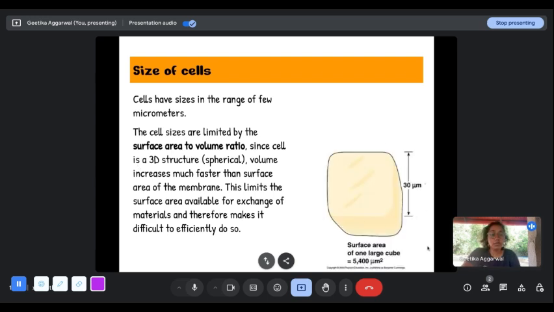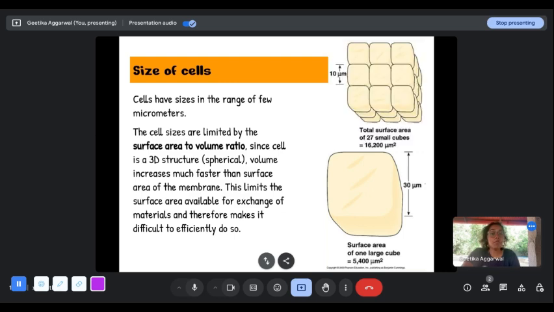For example, in this image, the surface area of one large cube is given as 5400 micrometer square. But if in the same cube you fit multiple cells of 10 micrometers in size, the total surface area becomes very big, around 16,200 micrometers square. That is why the size of the cell is limited by the surface area to volume ratio.